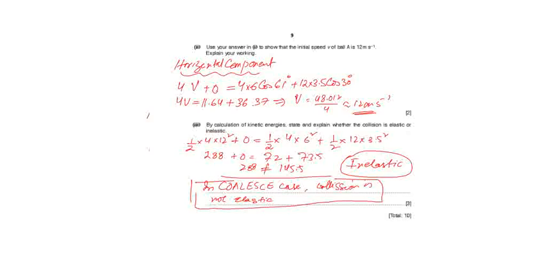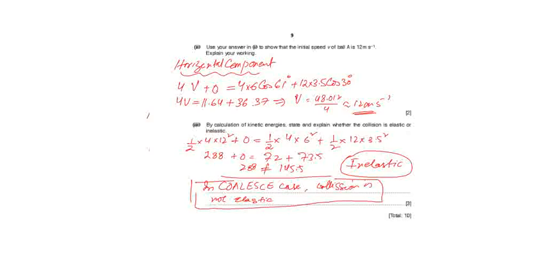So 4v equals 11.64 plus 36.7. We will get v equals 48.012 over 4, which is 12 meter per second, right? So the calculation is very simple.